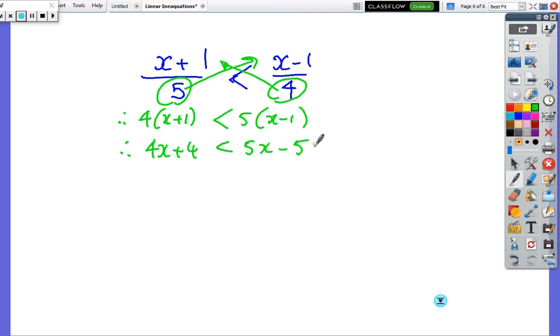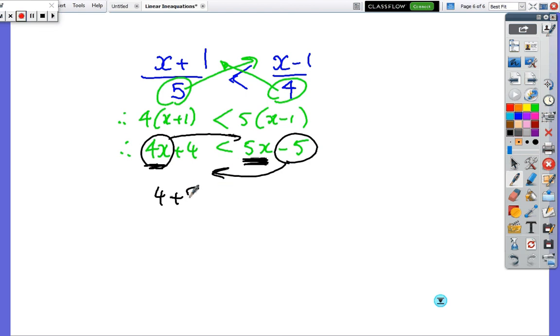Now if you want to avoid the negative x problem, you've got 5x and 4x. 5x is bigger, so take the 4x across and you won't have negatives, and the x's are going left and the numbers are going right. So we've got 4 plus 5 is less than 5x minus 4x. So 9 is less than x, or x is greater than 9.